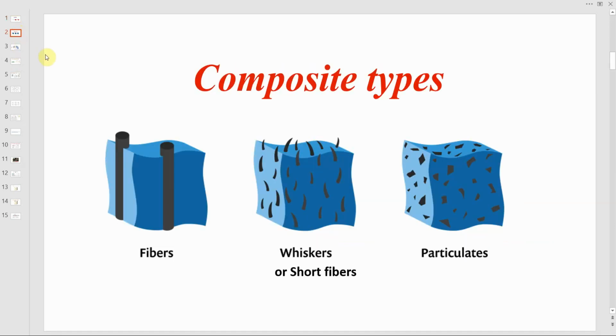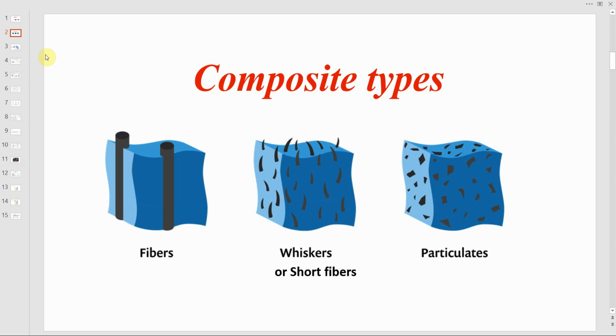There are many types of composites, but I wanted to talk about this kind of classification. The first one is long fibers. Examples of this type are carbon epoxy or glass epoxy.